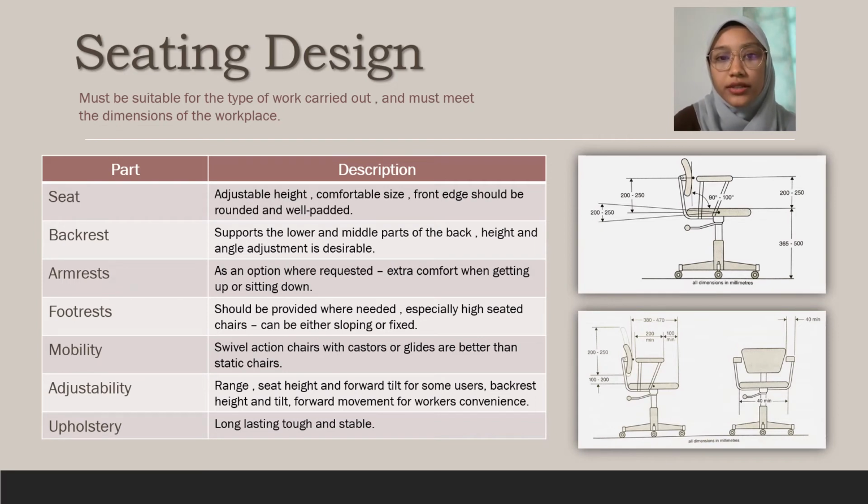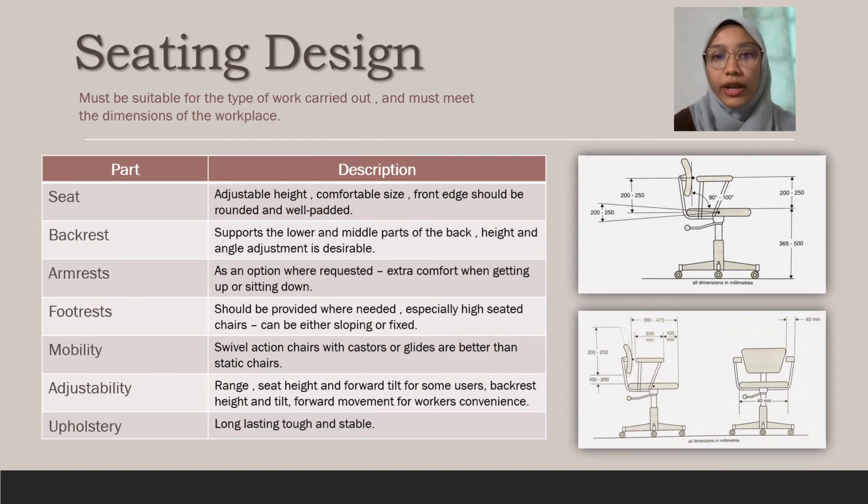Anthropometry, the principle concerned with the size and proportion of the human body at work, is important when designing a seat. Here are important considerations in seating design. Number 1, the seat: height, adjustable height, comfortable size, and front edge.